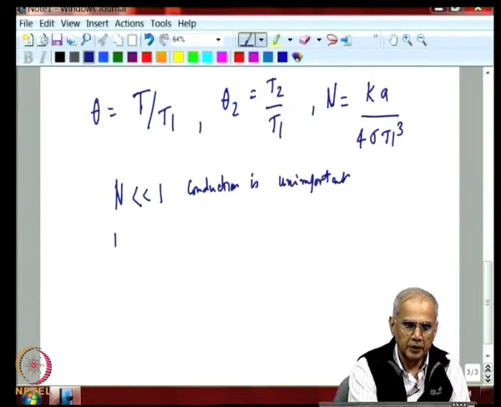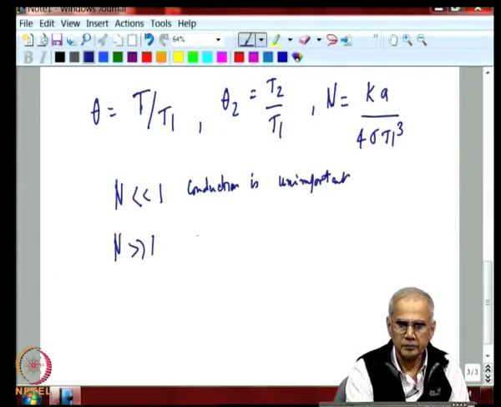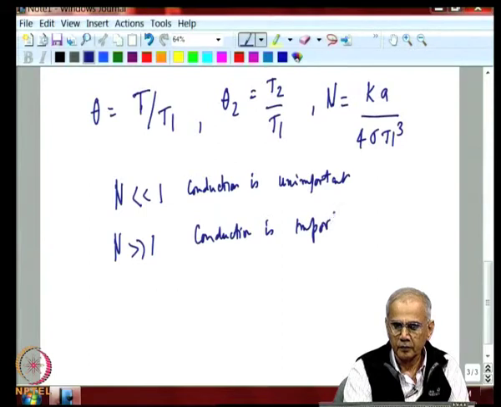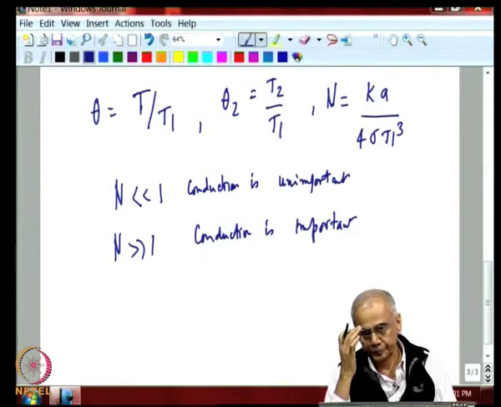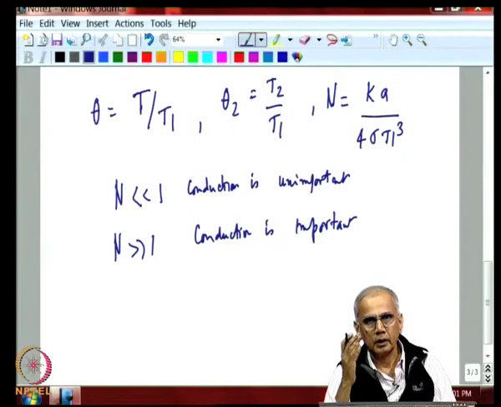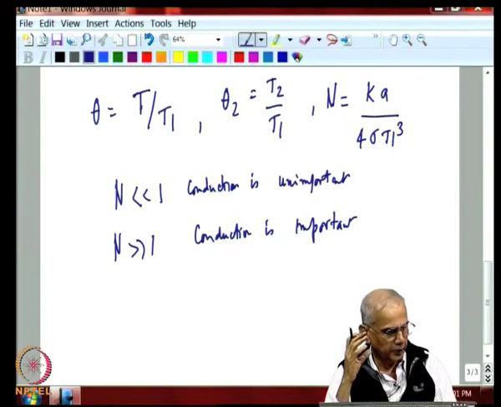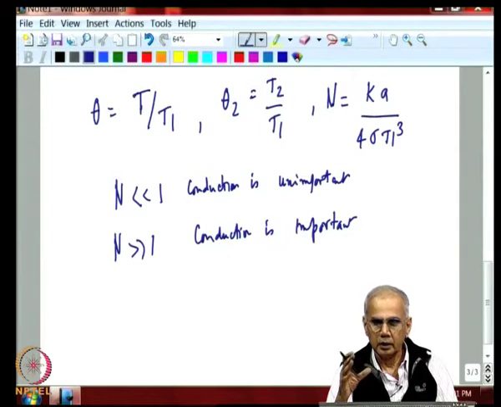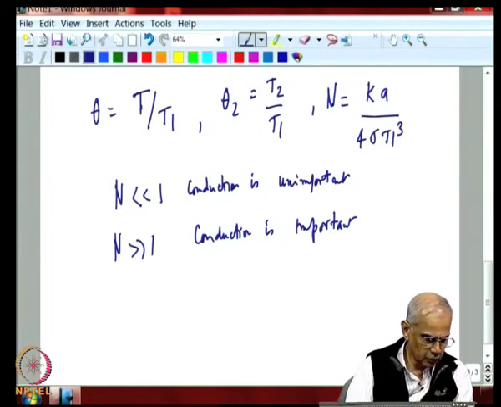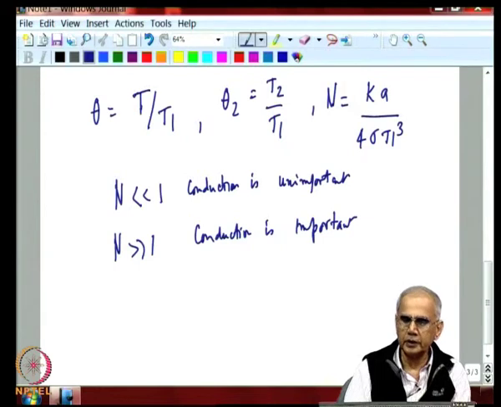If n is much greater than 1, conduction is important. So, even before solving the actual problem, you will get a rough and ready idea of whether conduction is going to play a very important role in this problem. So, this is a very good measure.